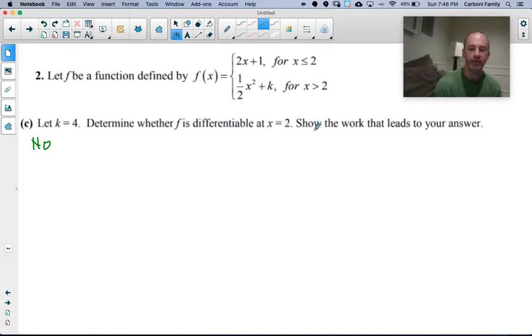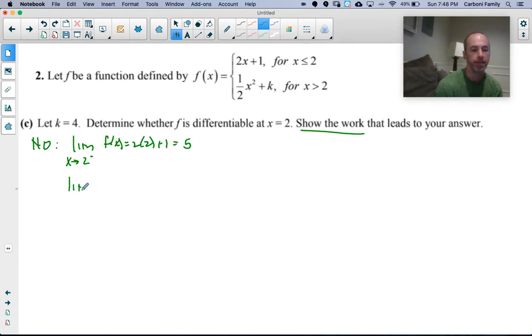However, we do have to show the work that leads to our answer. And to do that, I'm just going to show that this function is not continuous. So the answer is no, and I'm going to establish that by looking at the left and right side. The limit as x approaches, not 4, we're looking at x equals 2. The limit as x approaches 2 from the left of f of x is going to be 2 times 2 plus 1, which would be 5.